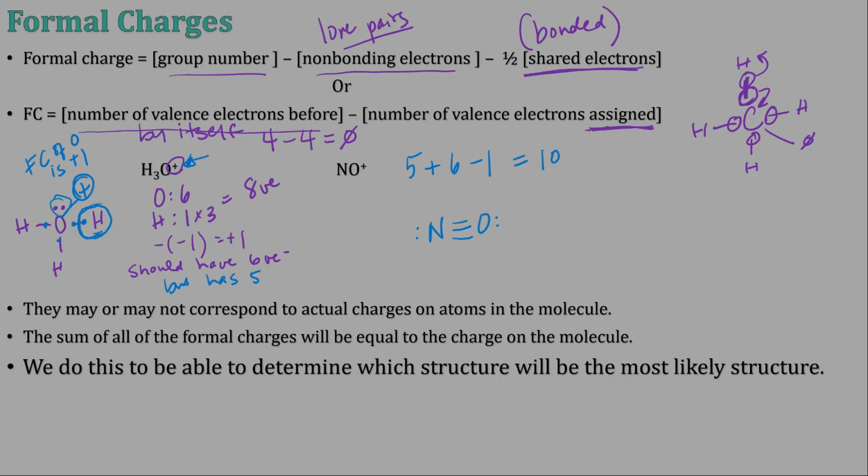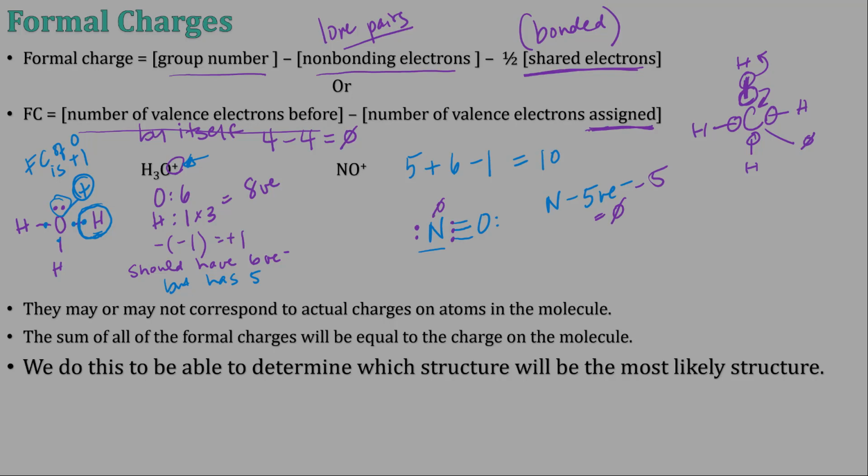So now looking at this, nitrogen should have 5 valence electrons, and it does. If we look at it, we have 1, 2. Those lone pairs are assigned to nitrogen. 3, 4, 5. So 5 minus 5 is 0, so the formal charge on that nitrogen is 0.